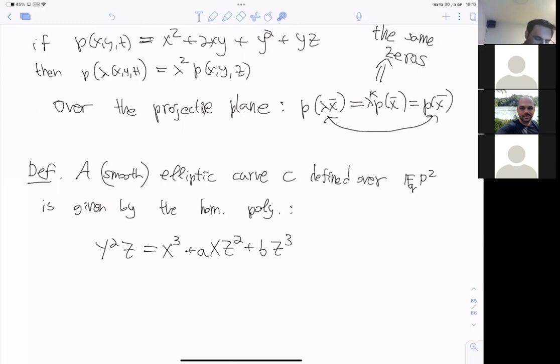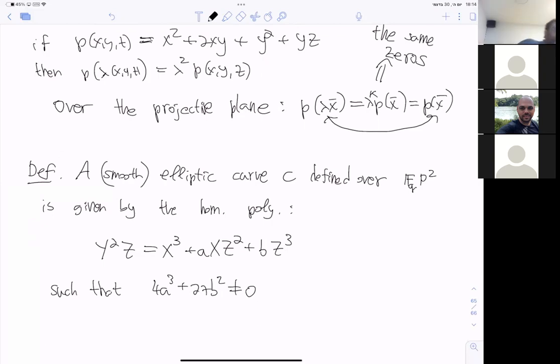You can see that it is a homogeneous polynomial of order 3, 3, 3, 3, and 3. Now a and b can be anything, but such that 4a cubed plus 27b squared is not 0 in this field.